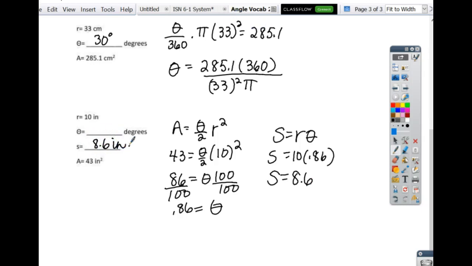So I'm going to change my theta to degrees, and I do that by multiplying by 180 over pi. You had to find your S, and then you can find your theta. And if you did that, you get 49.274 degrees.